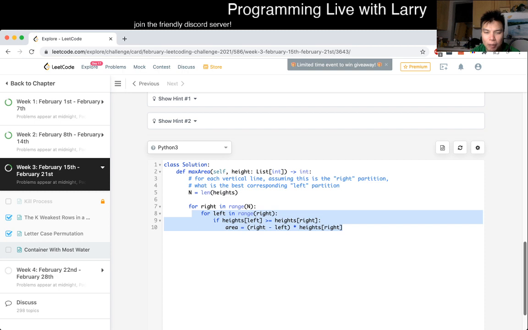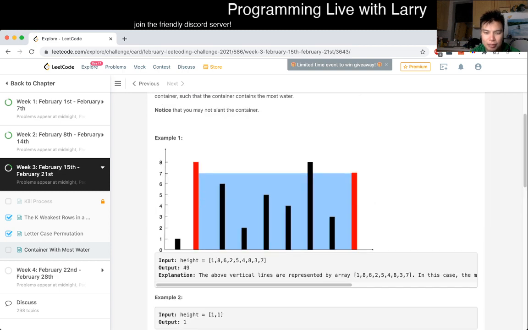So now I'm thinking about what things we can do. Maybe we could play around with just keeping track of the max, but that doesn't work.